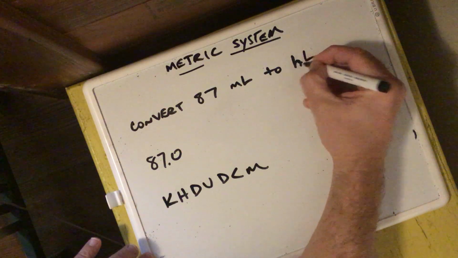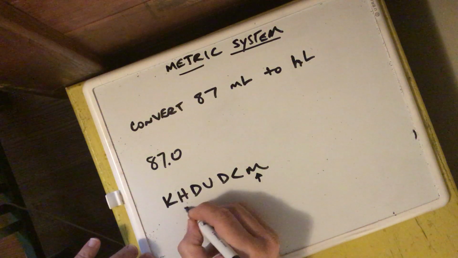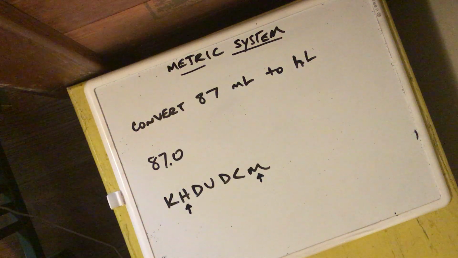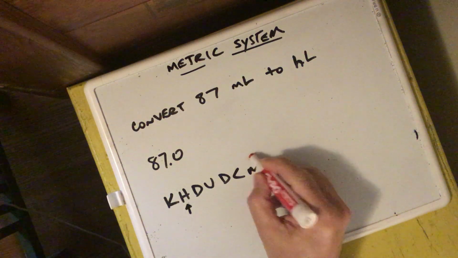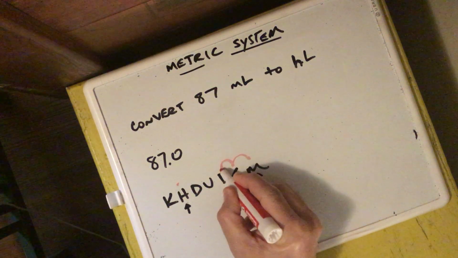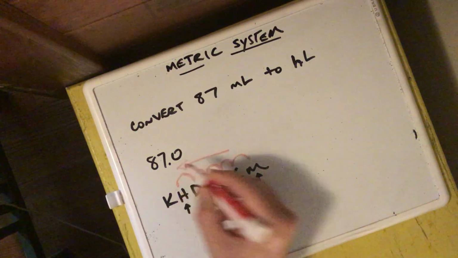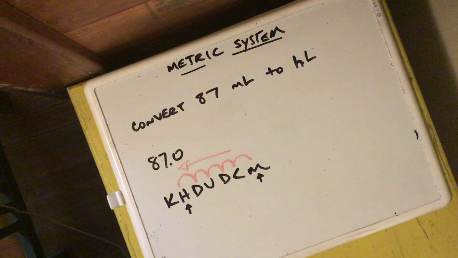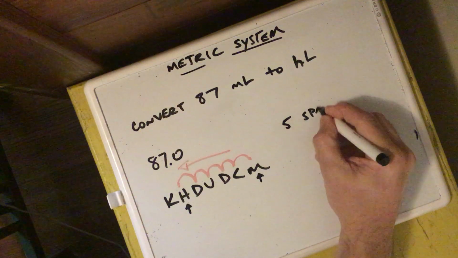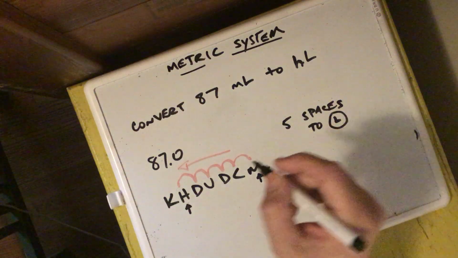And we want to go from milli to hecto. And so if we're starting at milli, we count from the M over to the H. How many letters? 1, 2, 3, 4, 5 letters to the left. So we move the decimal point 5 spaces to the left.